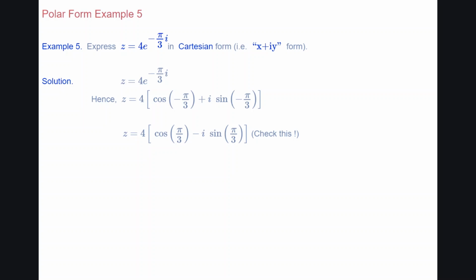So we get that z equals 4 outside of all of cos pi on 3 minus i sine pi on 3. And then we put in the values for cos pi on 3 and sine pi on 3, and we'll end up with z equals 4 outside of all of a half minus i times root 3 on 2, and that comes down to z equals 2 minus 2 root 3 times i.